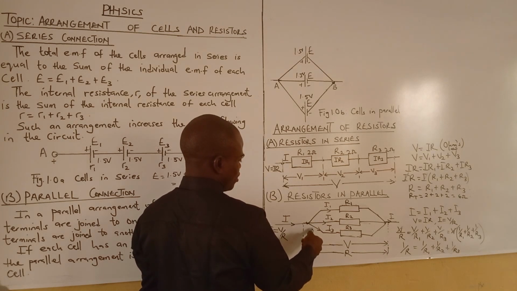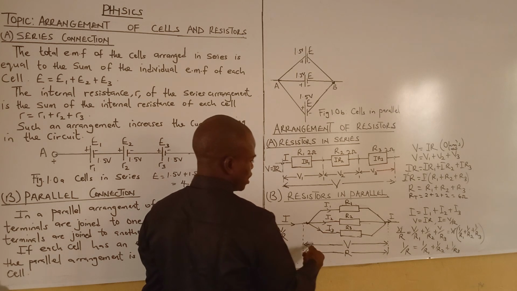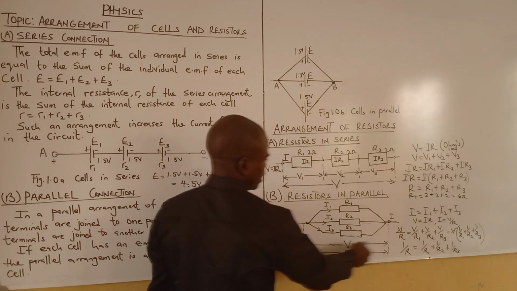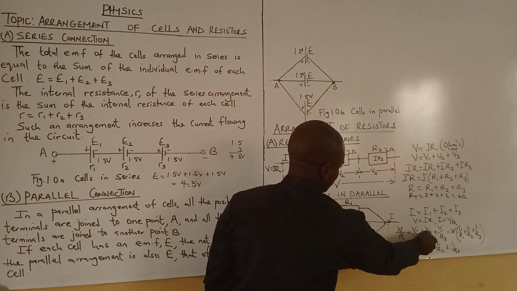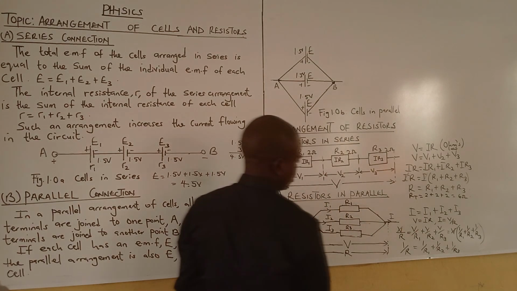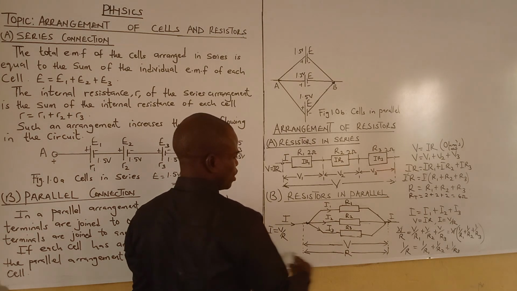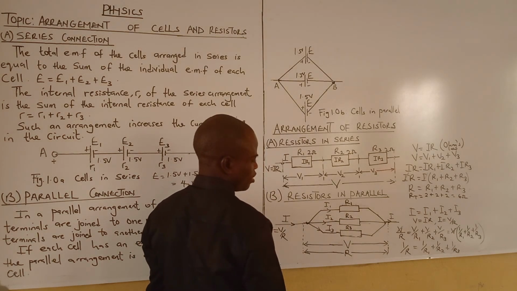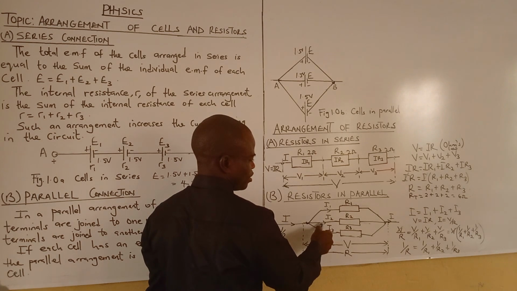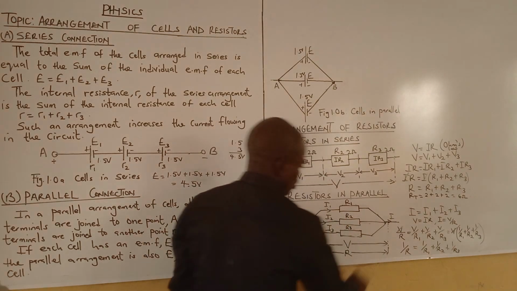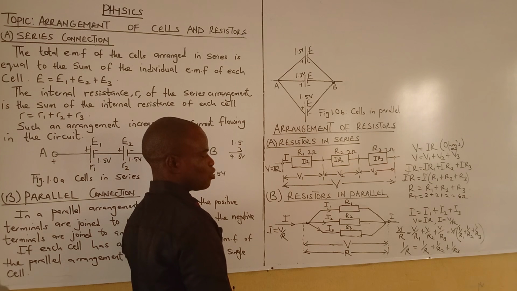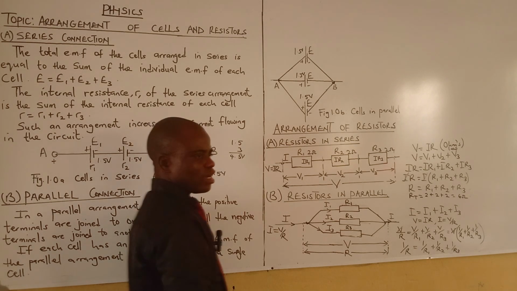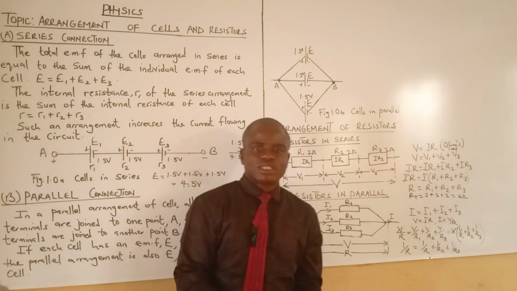In parallel, you have different currents but the same voltage. That's why you see V over R1 plus V over R2 plus V over R3. Now in parallel, 1 over R equals 1 over R1 plus 1 over R2 plus 1 over R3. That's the end of our class.